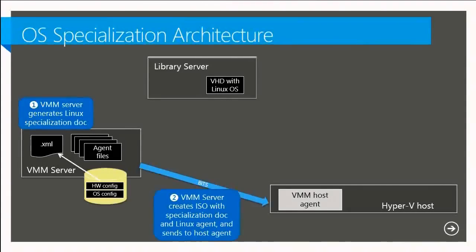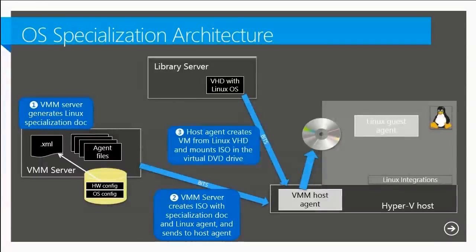It actually puts that document and also puts the latest version of our VMM Linux agent in case we've done any kind of update rollups and have a new agent to push out. You don't have to crack open all your VHDs and put a new agent on there. Then the host creates the VM, virtual hardware is set up, the VHD is mounted as the disk, the ISO is mounted in the virtual DVD drive.